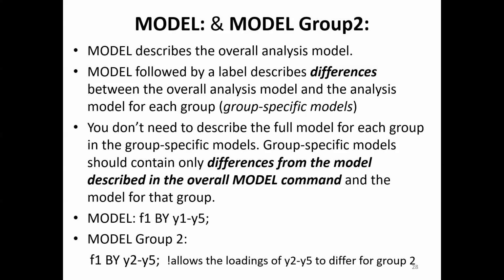Notice that in this male group, all of them have means of exactly 0, right? And also notice that you don't get a p-value or any kind of critical ratio or Wald test. That's because, remember what I said, by default, Mplus is constraining the means to be 0 for the latent variables in the first group.